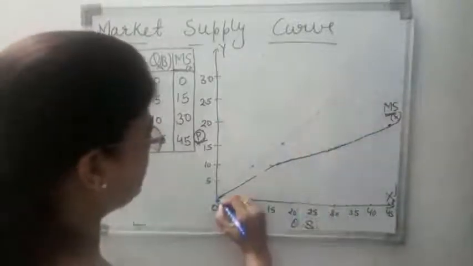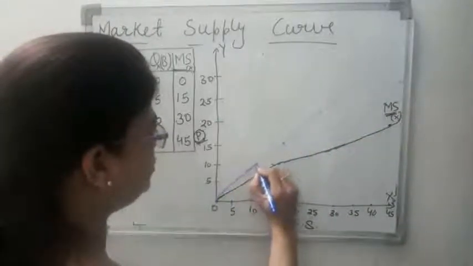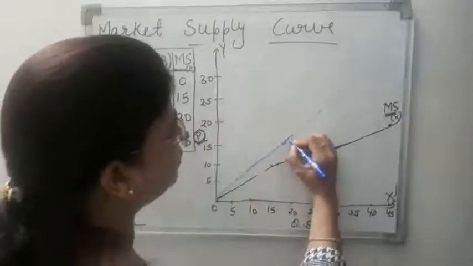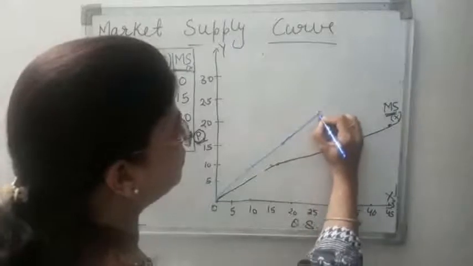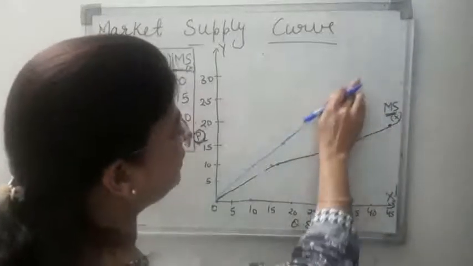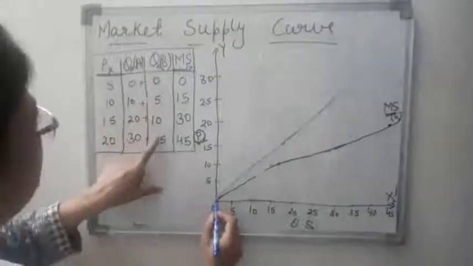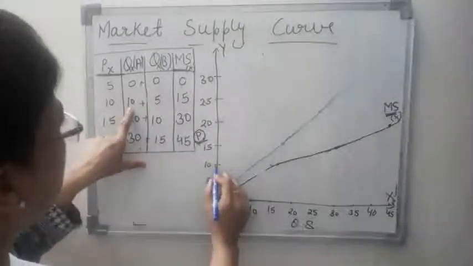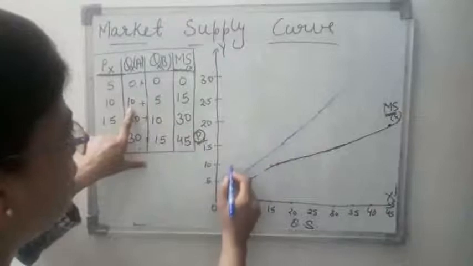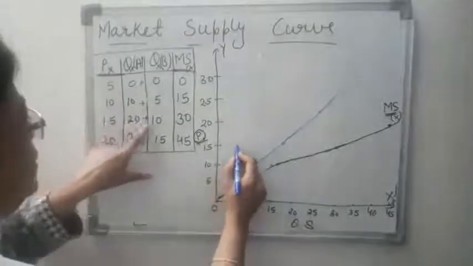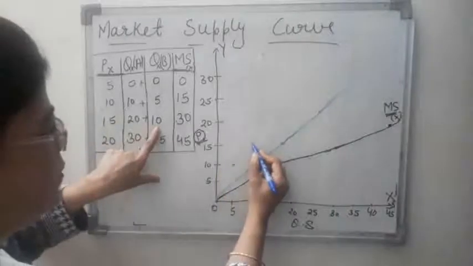A straight line curve starting from the origin, and it will be like this. And when we make firm B's curve, then also when price is 10, quantity is 5, and price is 15, quantity is 10.